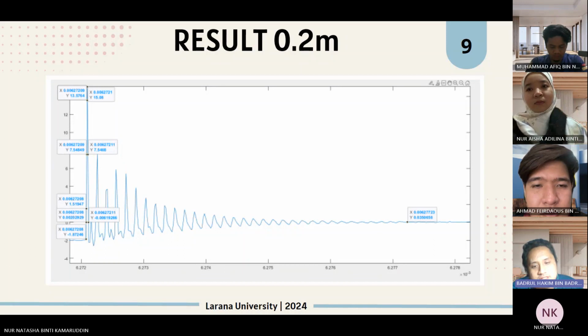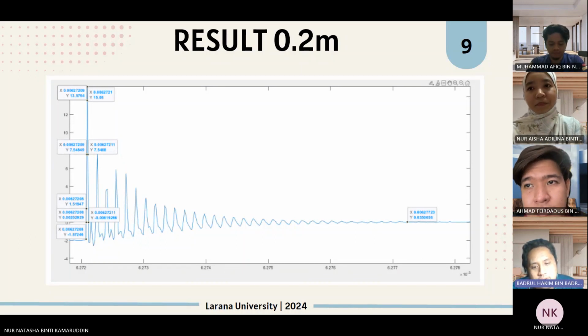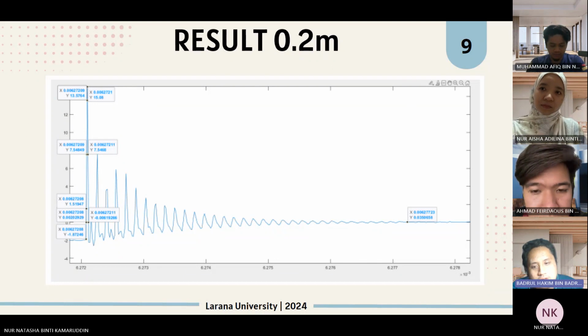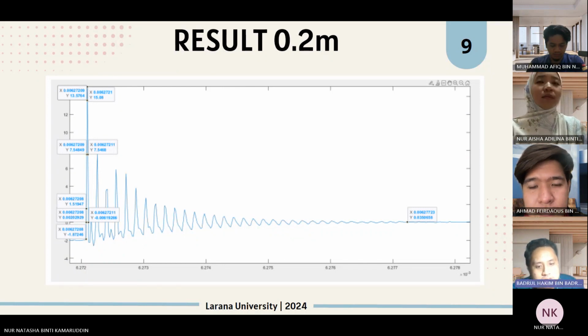So this is the last result, which is 0.2 meter. We also concluded the result into the result table. You can see the result table previously. So the conclusion and discussion will be explained by Tasha and Aisha.